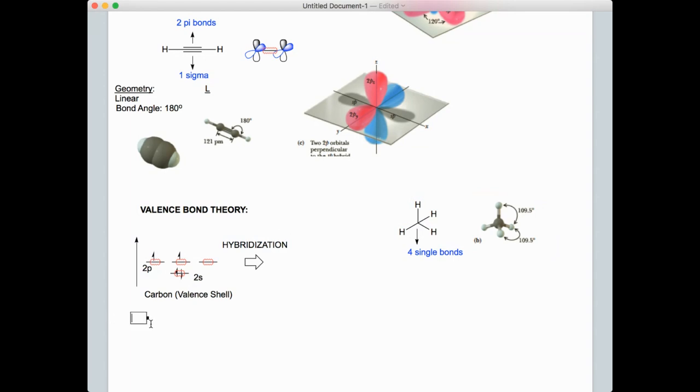And I'm going to write it over here. Before bonding, the atomic orbitals of carbon will be hybridized, meaning they will be combined to form hybrid orbitals.